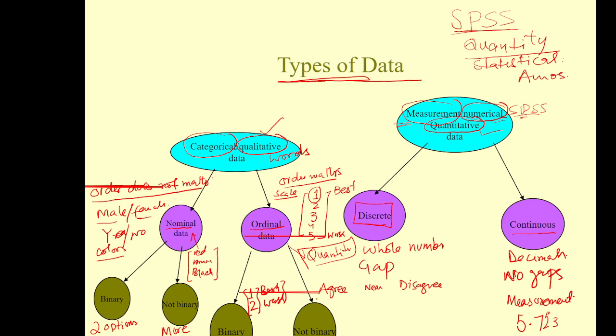So they all are categorical, they have categories, right? You can give them numbers, or you can give them words as well.